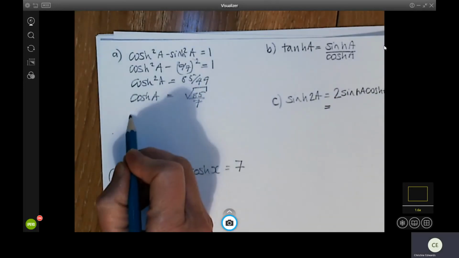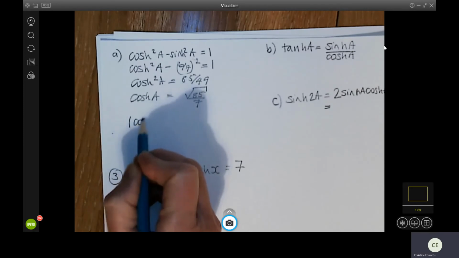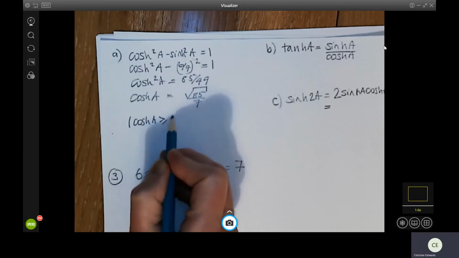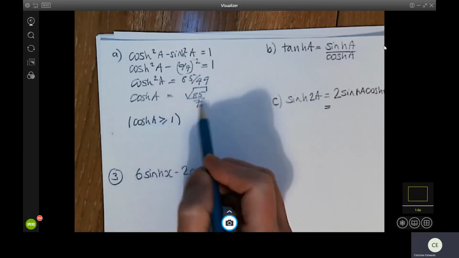Now, just think about that carefully and think about the graph. We know that cosh of a will be greater than or equal to 1. Think about my cosh graph. Therefore, I only need the positive square root.